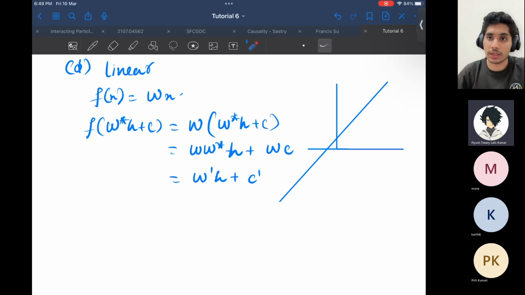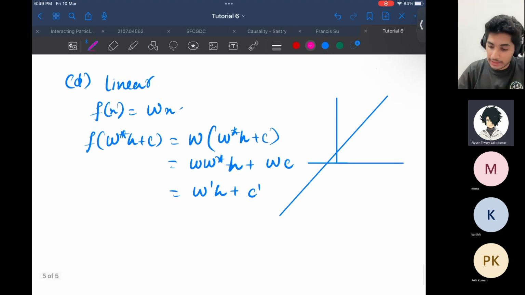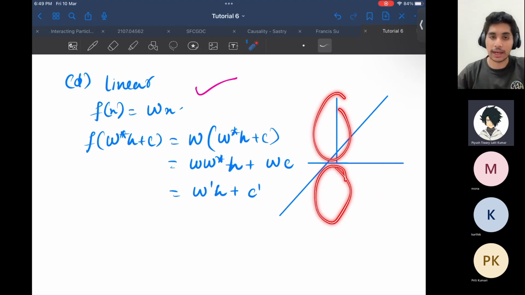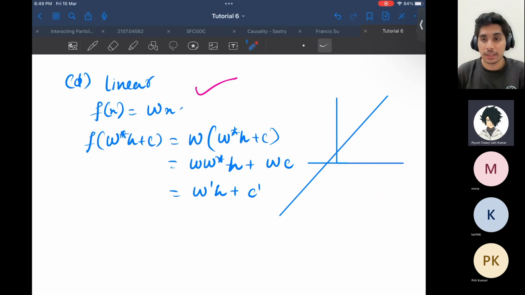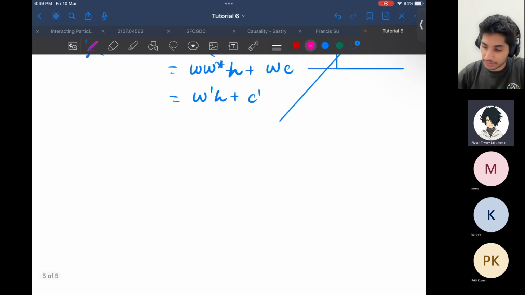So this looks like a good thing to use. The linear function will work because my data can be reconstructed using this linear activation function. I hope that I was clear. If not, maybe you can ask a question by unmuting yourself.